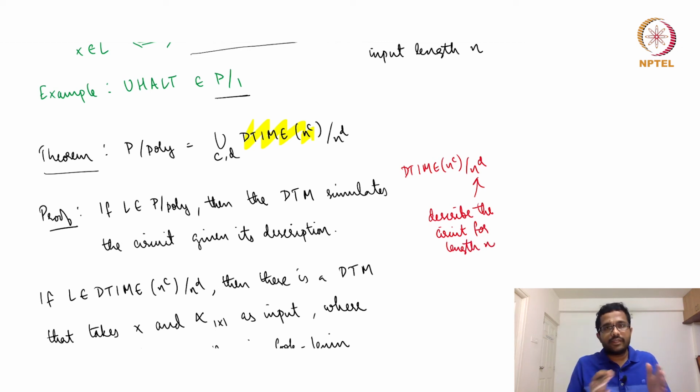So for a certain length input, the polynomial size advice string could describe the circuit for length n, and then the deterministic Turing machine merely evaluates the circuit on that input. So this is why P/poly is contained in DTIME(n^c) / n^d.